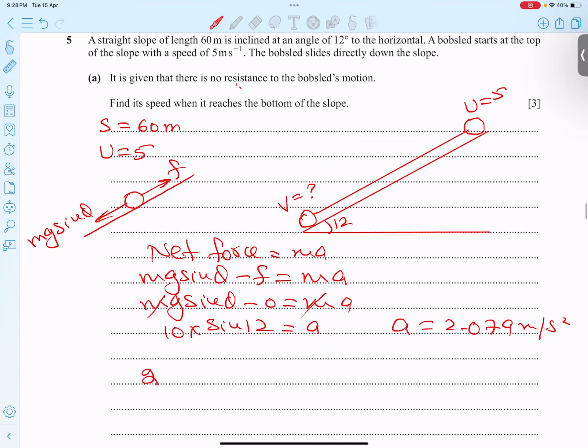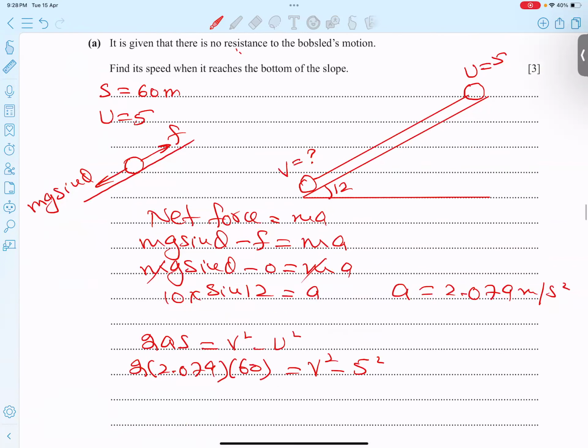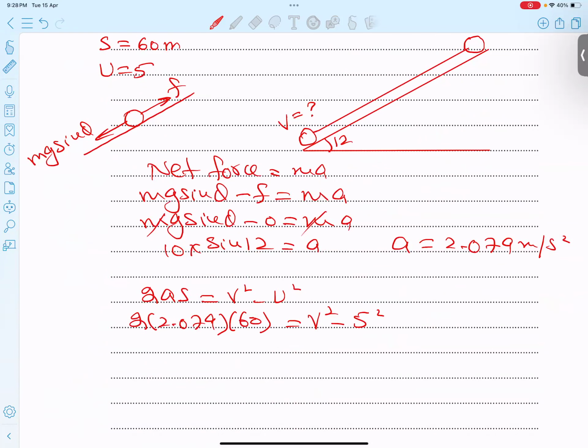So we can say 2as equals v squared minus u squared. Acceleration I got is 2.079, and distance is 60 meters. The last velocity is the target, and u is 5, so when I multiply, this is plus 25.